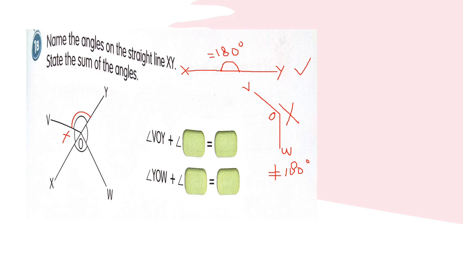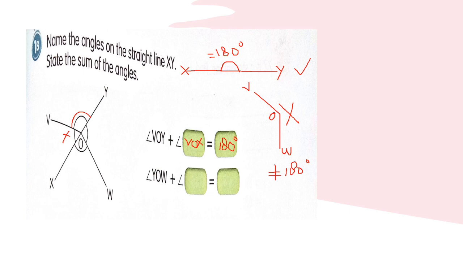So VOY plus V, remember O is the middle point, so O is in the middle, and then the last one is X. Because XY is a straight line, so the total angles will be 180 points.